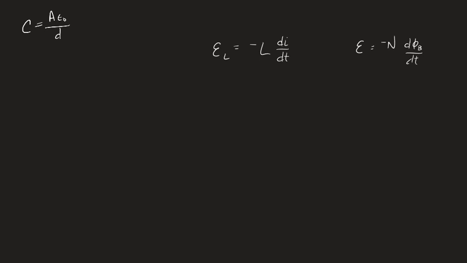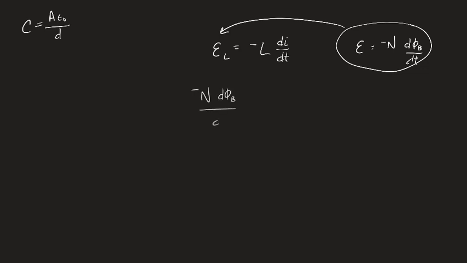So if we start with the idea that the back EMF is created because the flux is changing, then we can immediately use Faraday's law as our expression for the EMF produced in this fashion. So if I drop that in, I'm putting Faraday's law in for the EMF across an inductor.